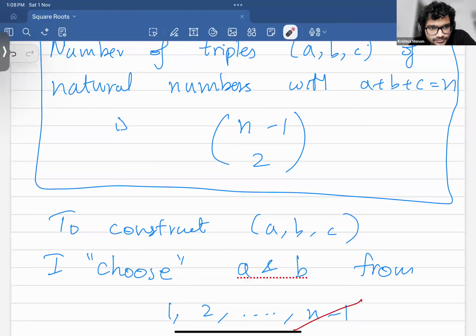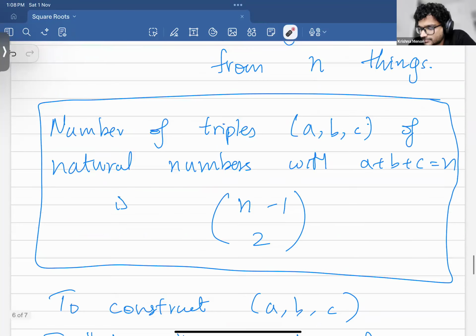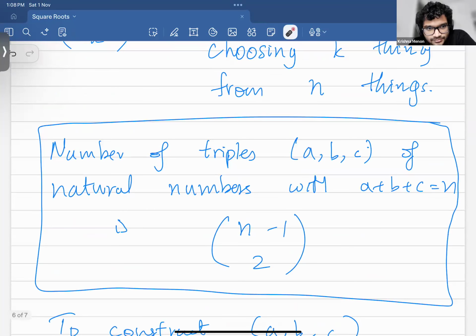It will become n times n minus 1 by 2. But then the formula for the sum of first n numbers is n times n plus 1 by 2. So the general statement, n minus 2 choose 2, is wrong.